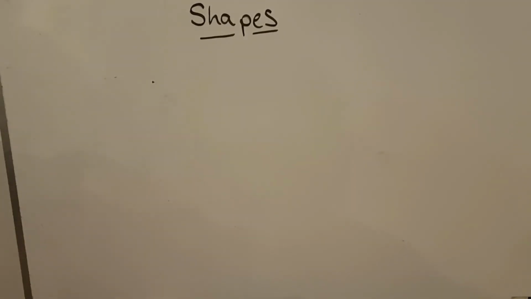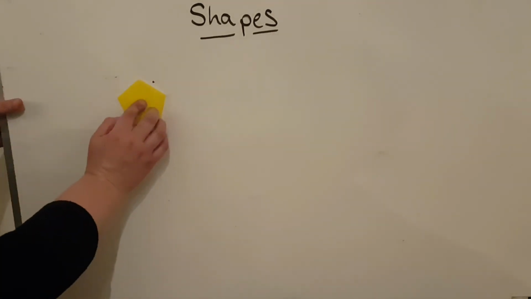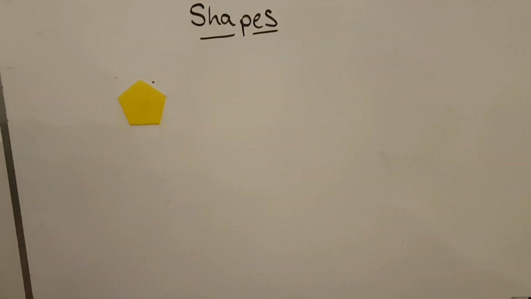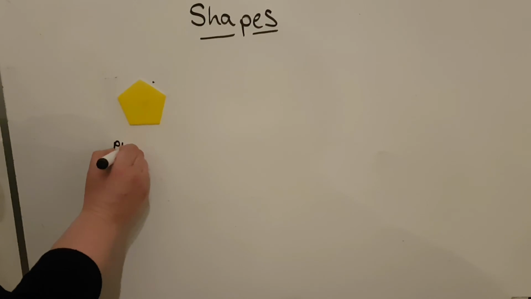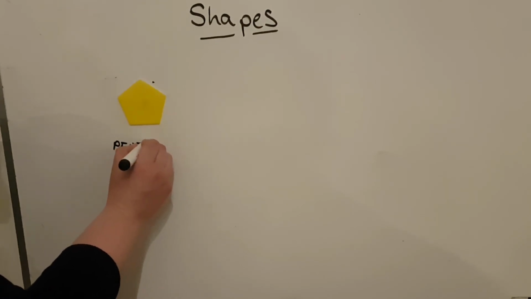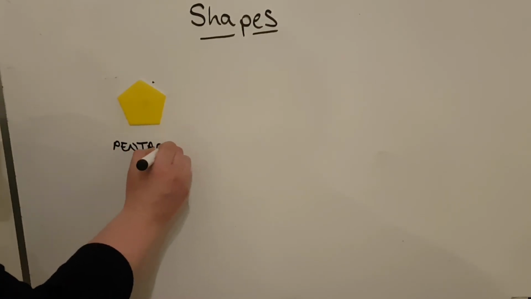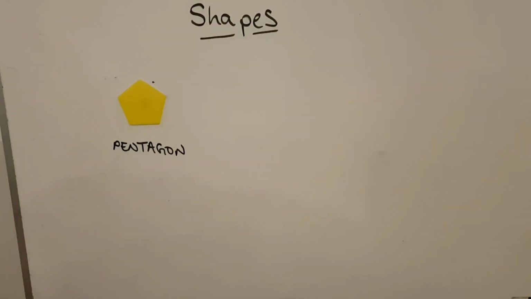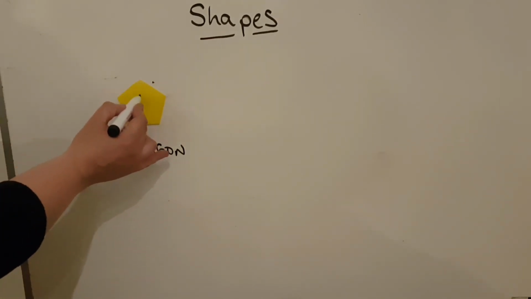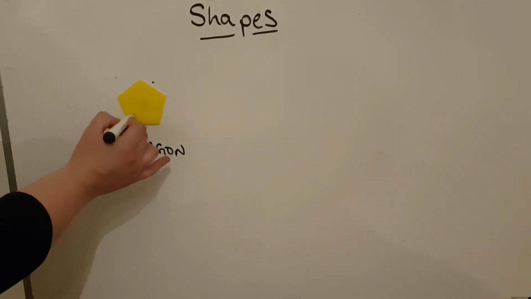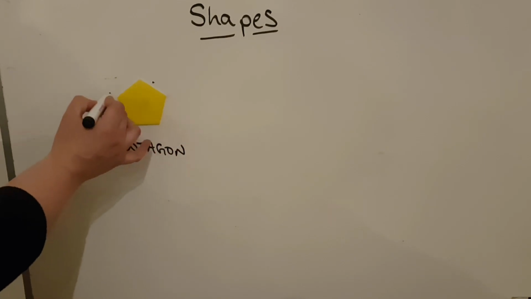So moving away from some four-sided shapes now, I've got here a five-sided shape, and a five-sided shape is called a pentagon. And the pentagon has got five angles, five sides, and it's got five lines of symmetry. You can draw them in from the angle straight across to the side for every single angle.